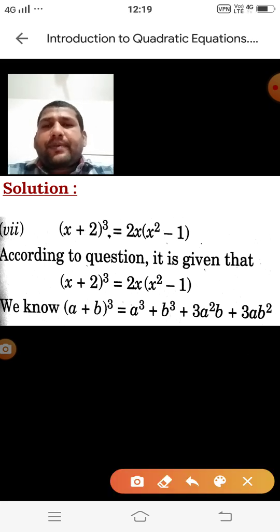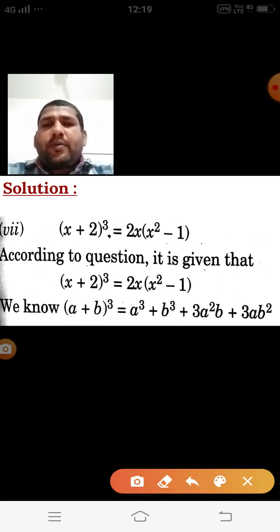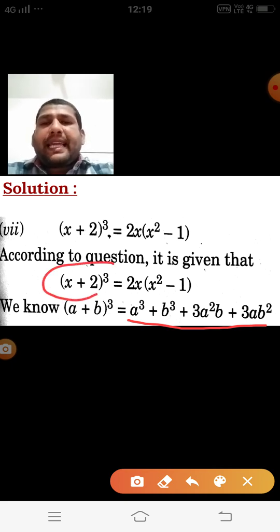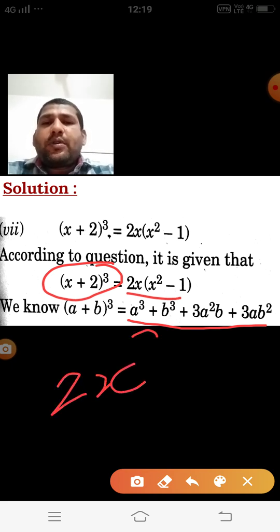Then here I am, x plus 2 whole cube, a plus b whole cube, we know a cube plus b cube plus 3a square b plus 3ab square. This we are using for expanding x plus 2 whole cube, and if you are multiplying these two, then 2x into x square, we are getting 2x cube minus 2x.